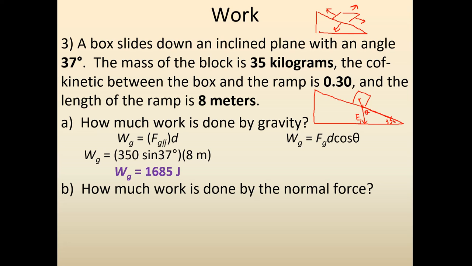This is the theta that I'm using in this equation. So I wouldn't use 37, I would use the complement of 37, since this is a right triangle, and I'd actually use 53 degrees. And now you see that I get the exact same answer. And it kind of makes sense because cosine 53, sine 37, complementary, they get the same number. So that's another way you could do it.